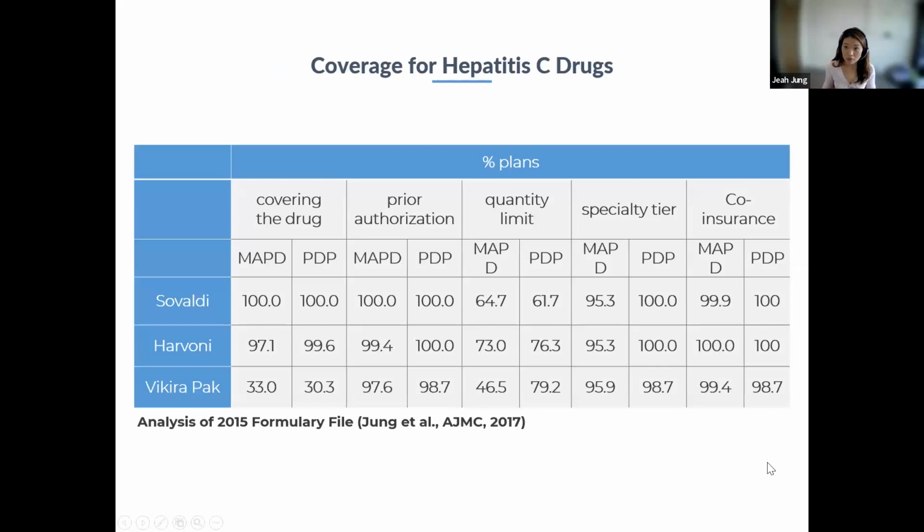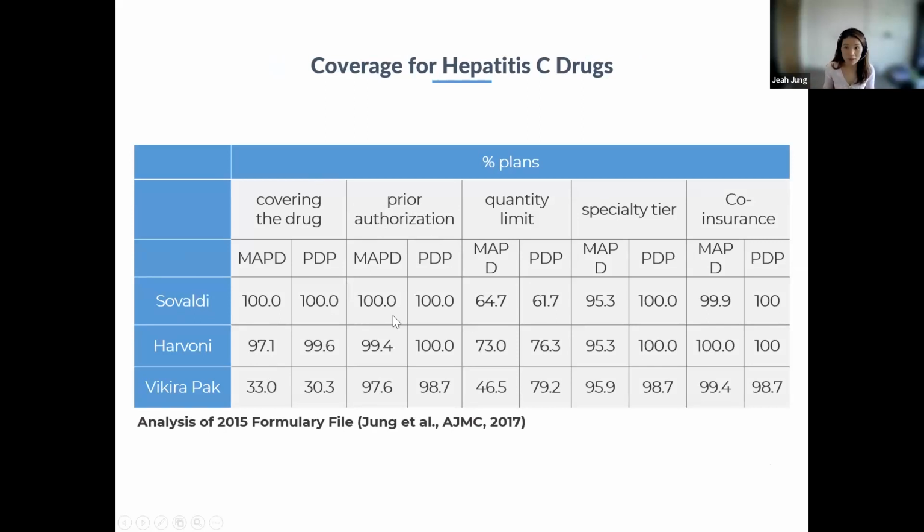So you just create the data sets you need, and then you can simply do some descriptive data analysis. Sovaldi was covered by 100%, whether it was MAPD or PDP. Prior authorization, you see here, 100%.